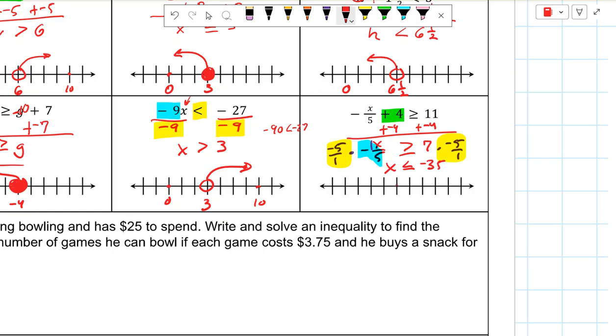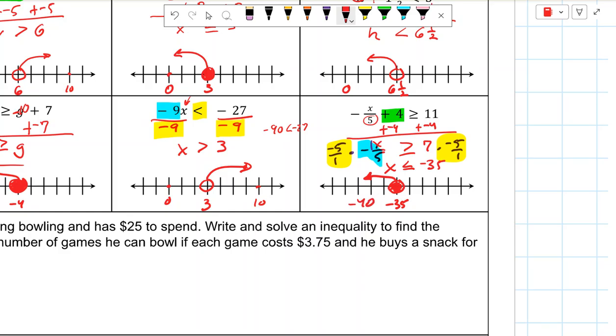Let's test it on our number line. We're going to need a circle, and it's got to be closed. We'll call it negative 35, and the x is less than, so we're going to go to the left. Now let's pick a number that's less than negative 35. Well, let's pick something that is easily handled by dividing by 5. So let's go negative 40.